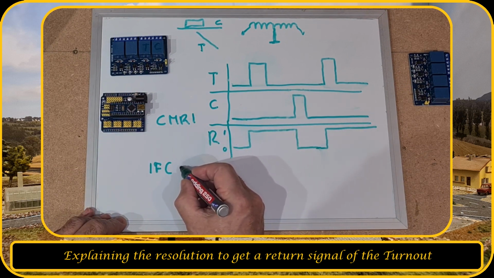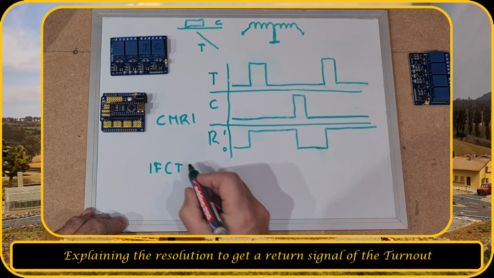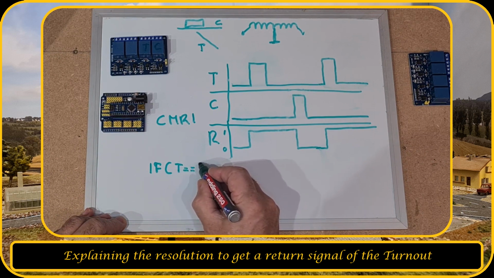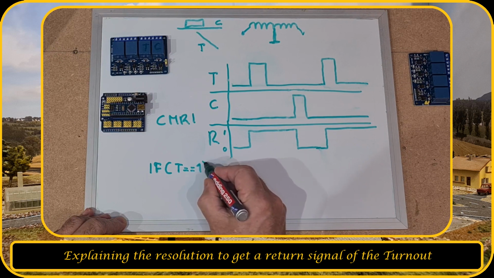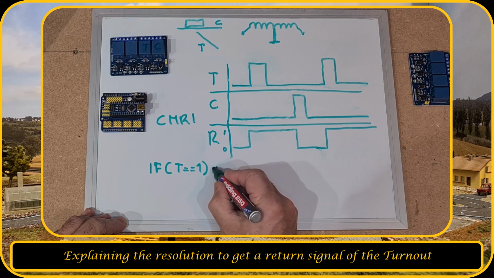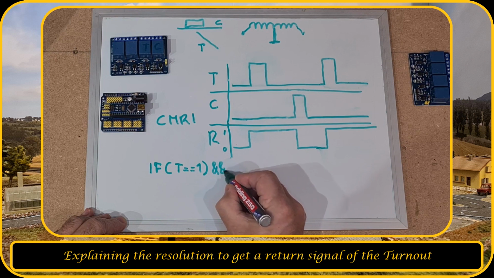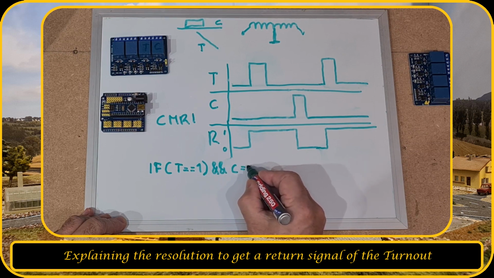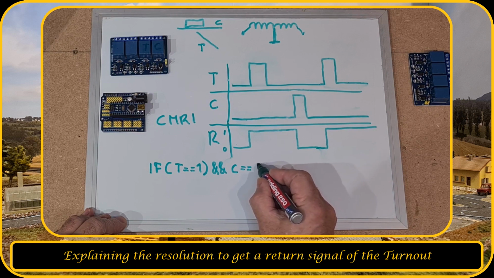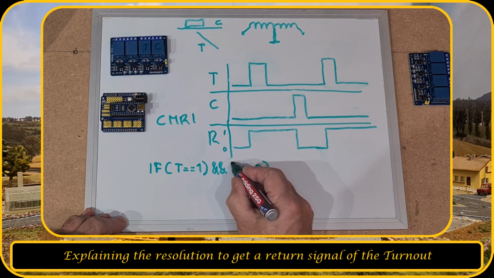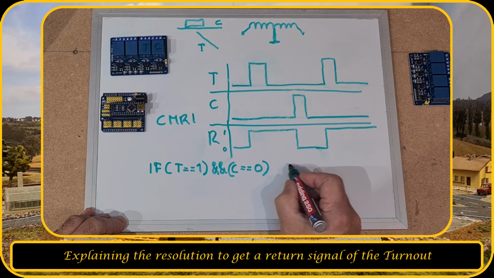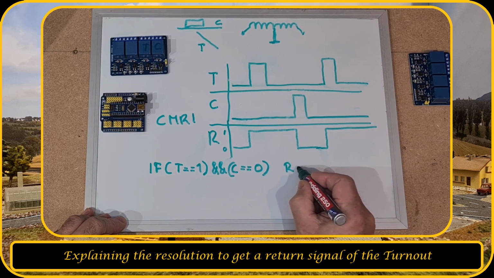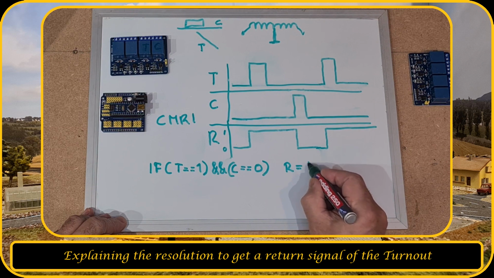So if t equals 1 and c equals 0, then the R needs to be set to 1.